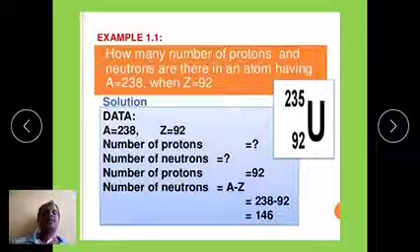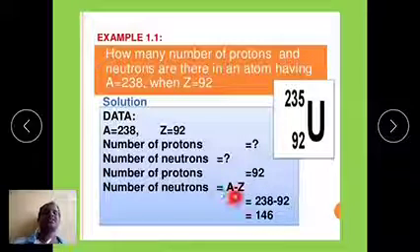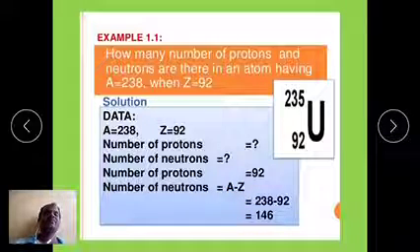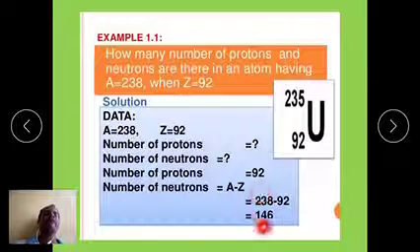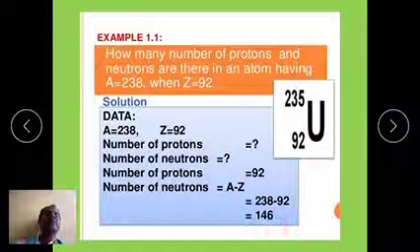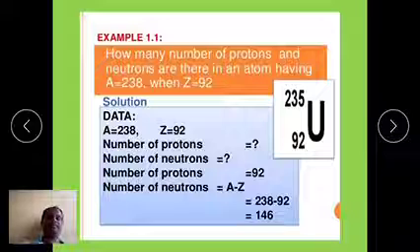The number of neutrons is A minus Z, mass number minus atomic number, that is 238 minus 92, equal to 146. The number of electrons in this uranium 92, 238 is 92.